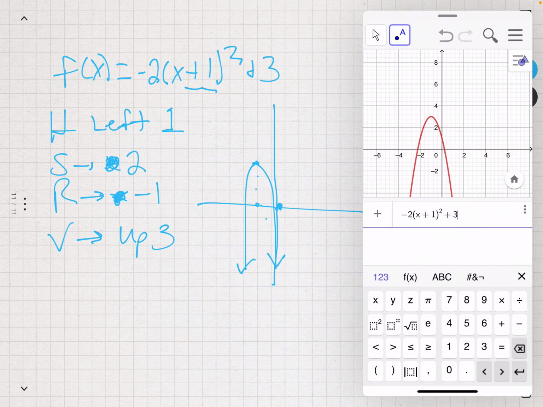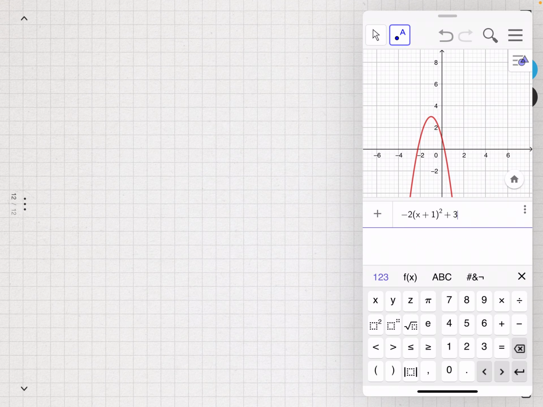And so graphing from our library functions is relatively straightforward whenever we have standard form.